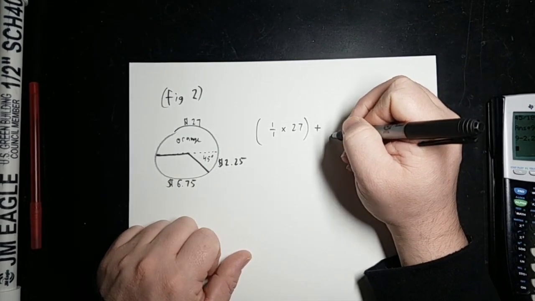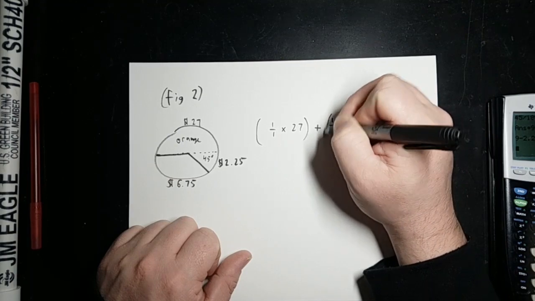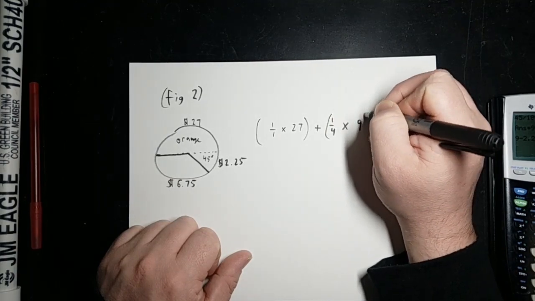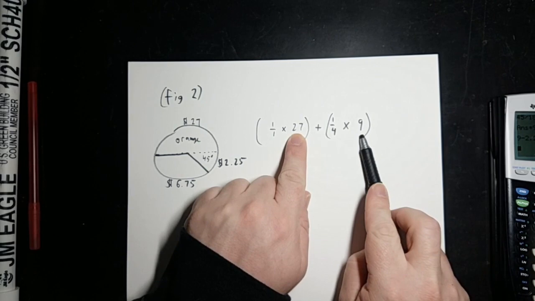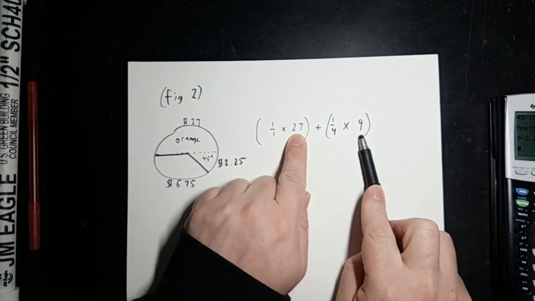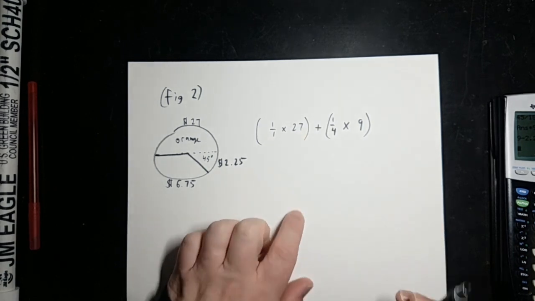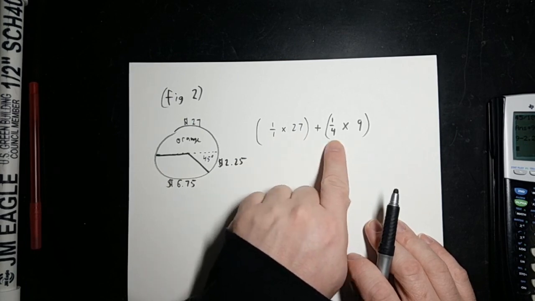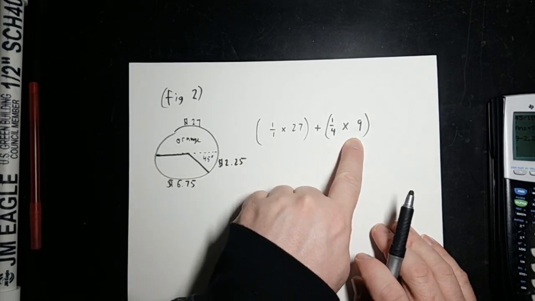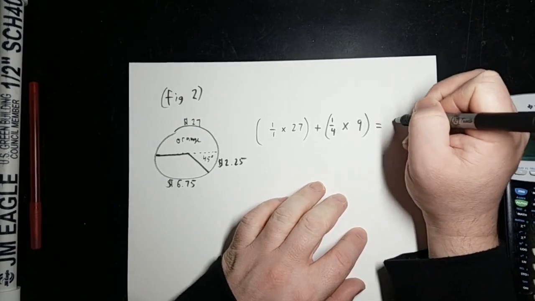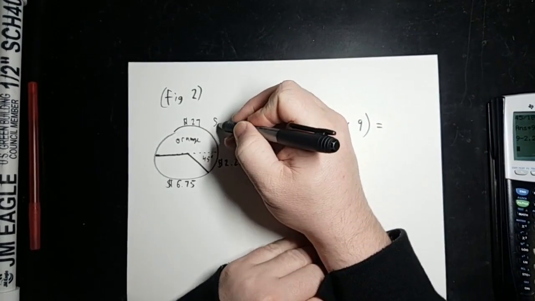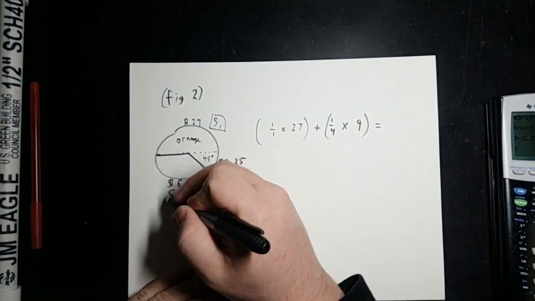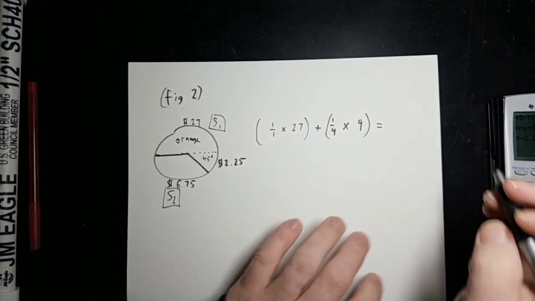You could do 45 over 180, or 1/4, times the $9 value. These are the values for Jeff. He values the orange half at $27 and the pineapple half at $9. Doing these two calculations, this would get you $27 here, and that's $2.25. Altogether, this is slice 1 right here, and this is slice 2 down here.